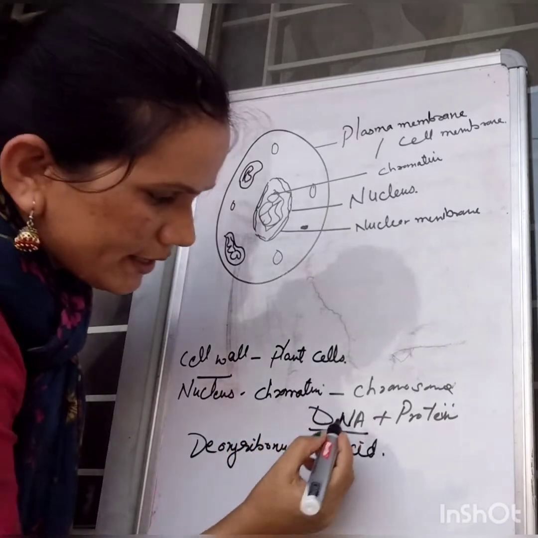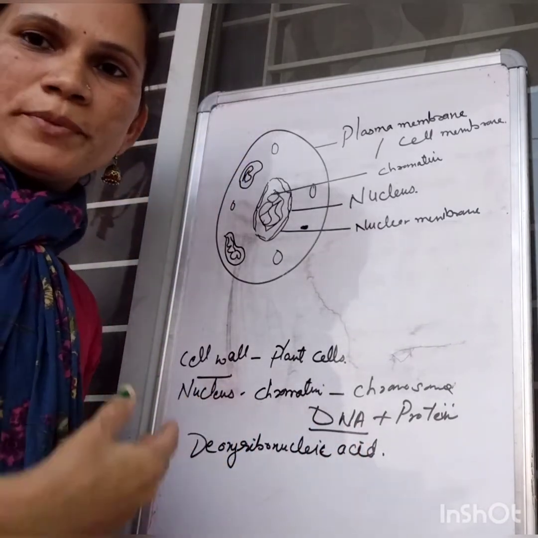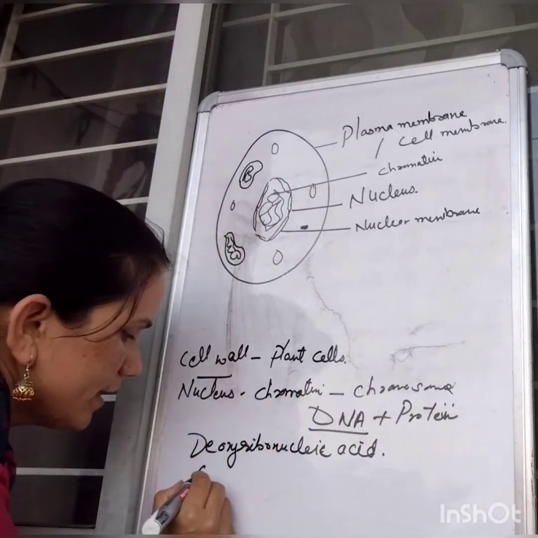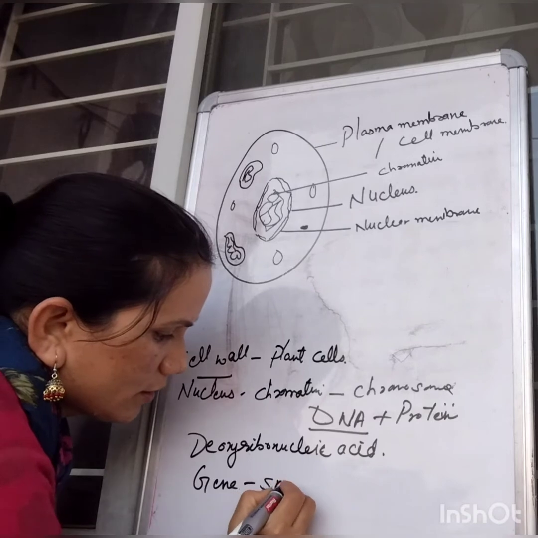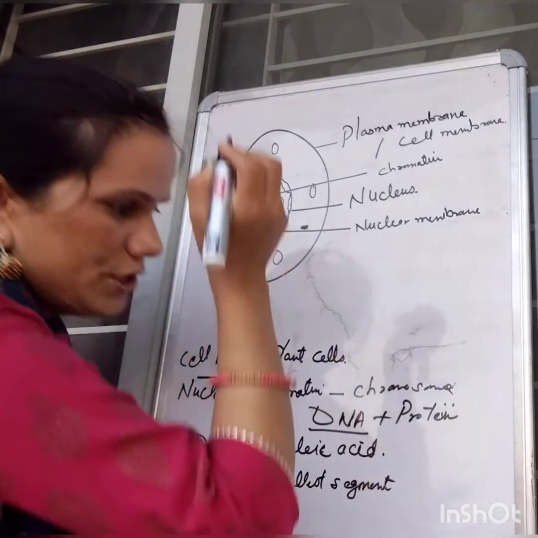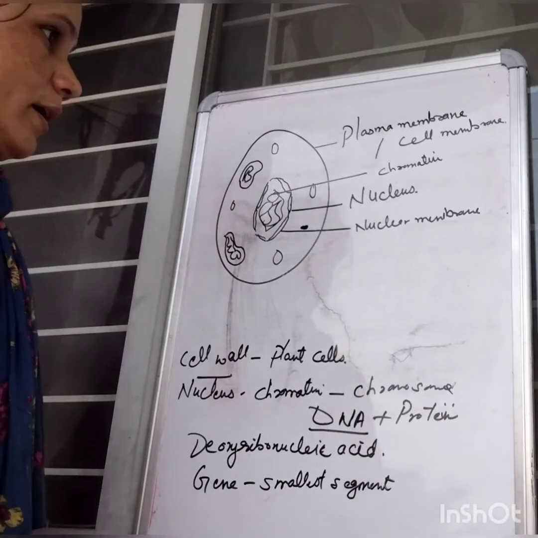This DNA carries the information of inheritance from parents to the next generation. The smallest segment of DNA is called a gene.